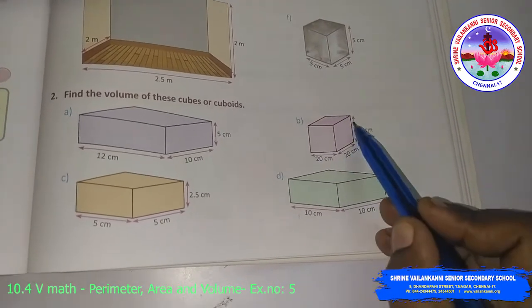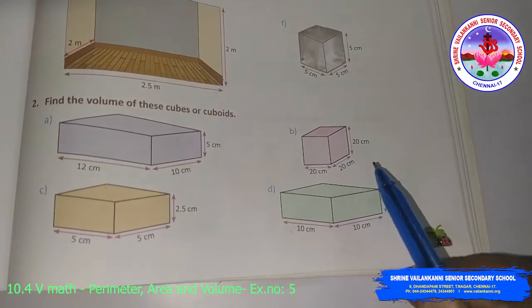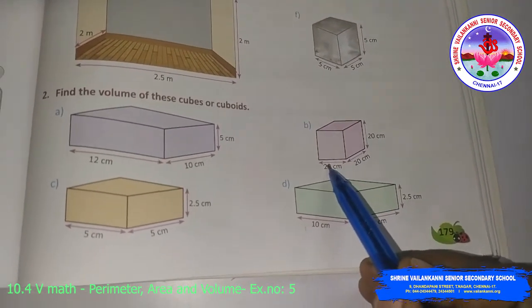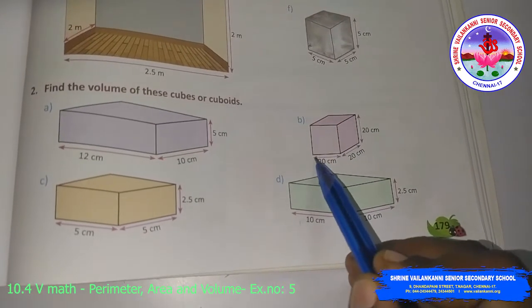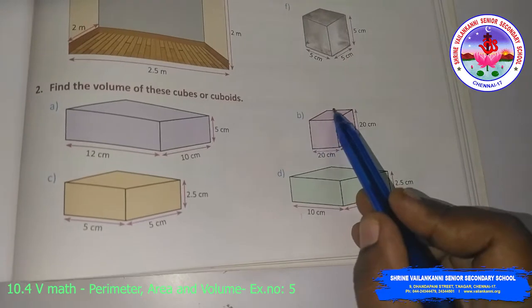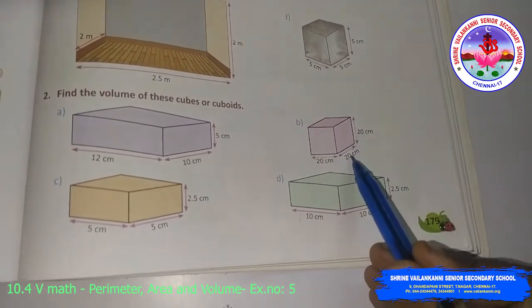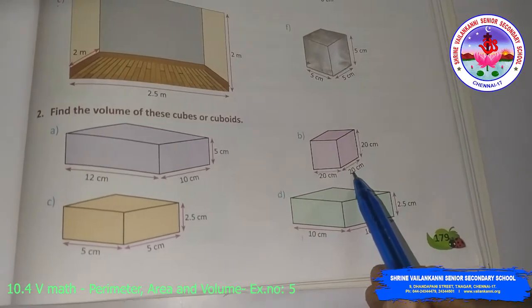In a cube, all the sides will have equal measurements, so we are going to consider it as side. This is one side, this is one side and this is one side. All the sides' measurements are 20 centimeter.